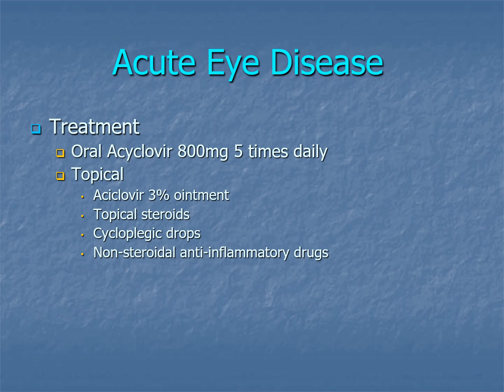So what is the treatment of acute eye disease? We use oral acyclovir 800 milligram 5 times daily, topical acyclovir 3% ointment 4 times daily, topical steroids along with antibiotic cover, cycloplegic drops, and topical non-steroidal anti-inflammatory drugs can be used.